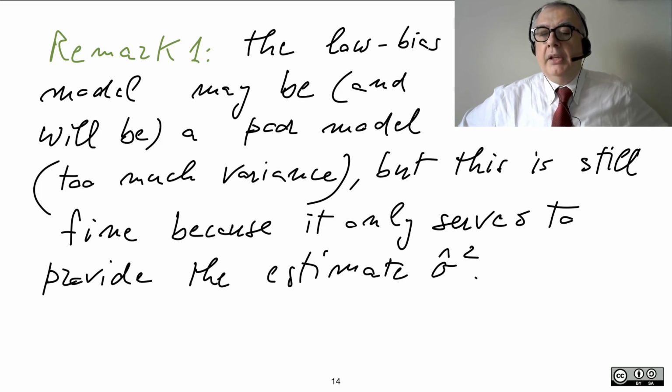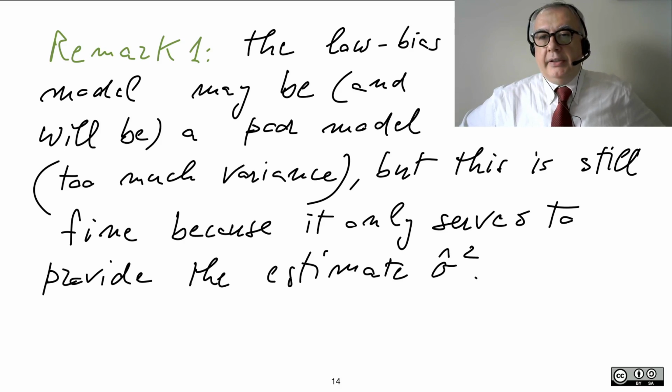So if you want a very small bias, you must be ready to have a large variance, and it could seem to you that there's something wrong in using a bad model, but you should not be worried about this. This is still fine, because this is not a model you are going to use for making predictions, but its only purpose is to give you a sensible estimate of the variance.